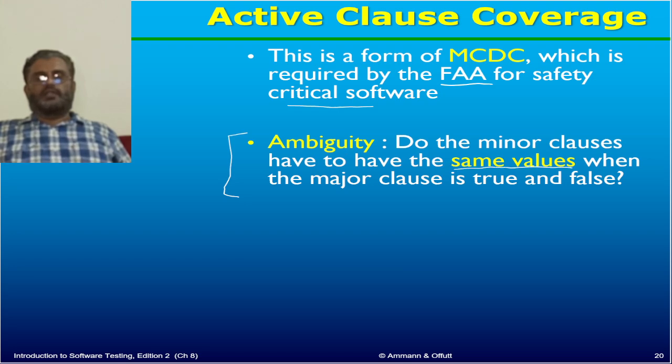Meaning in this previous case we just fixed the value of the minor clause to be false, but testers always felt confused about whether the minor clauses have to have the same values or their values can be different when the major clause is changing value from true to false.